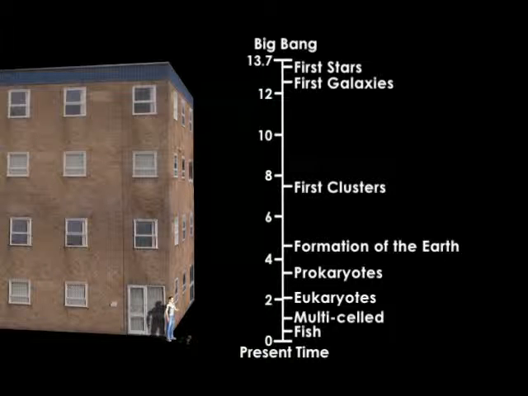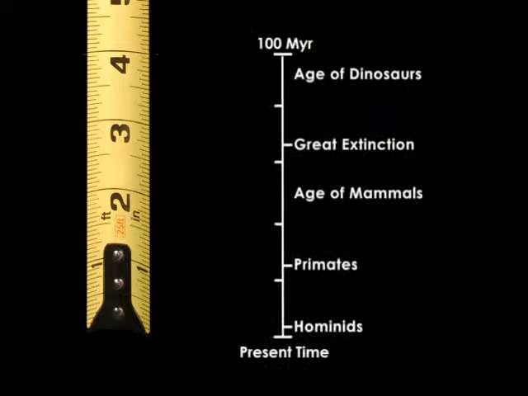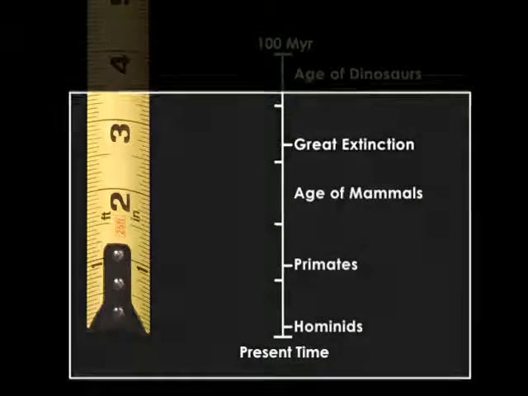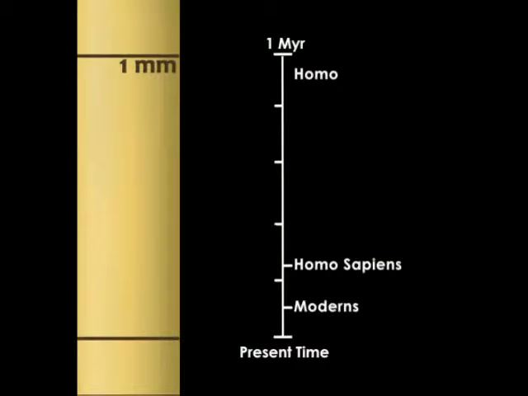Now, to get to humans, you really need to zoom in on that lower part. The lowest 4 inches contains dinosaurs and mammals. The lowest 1 millimeter contains all of the genus Homo.